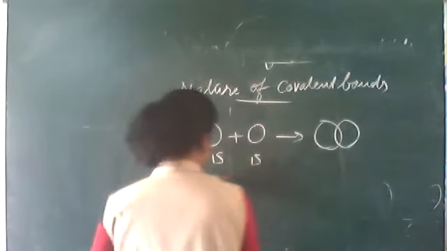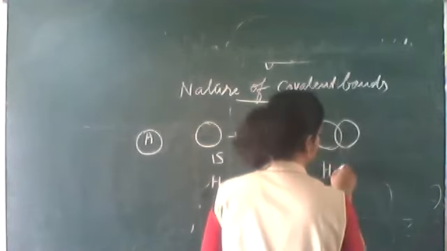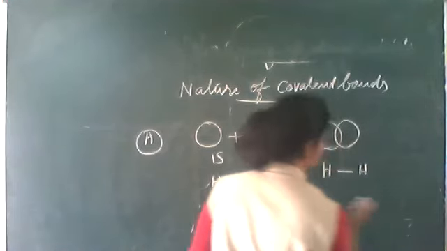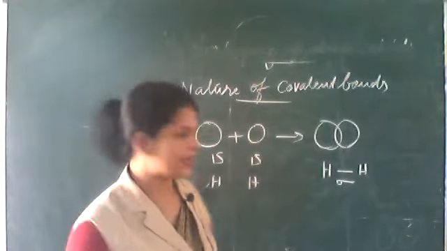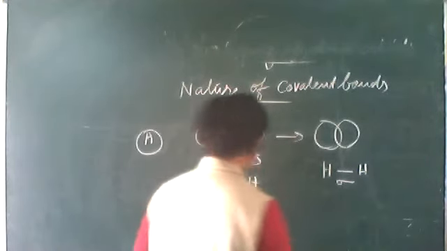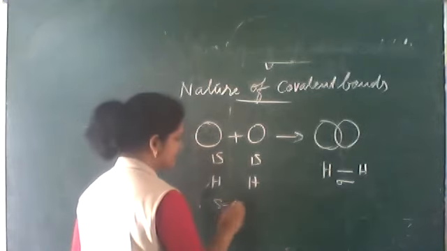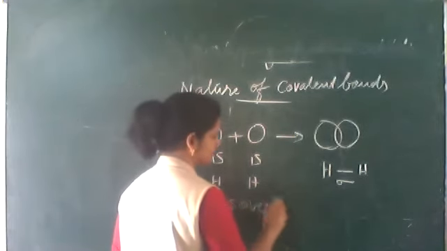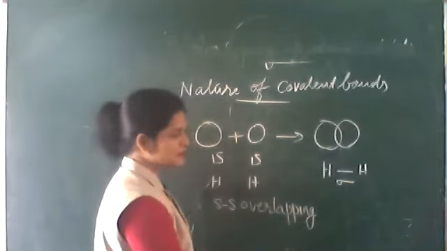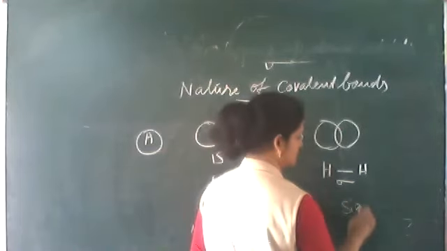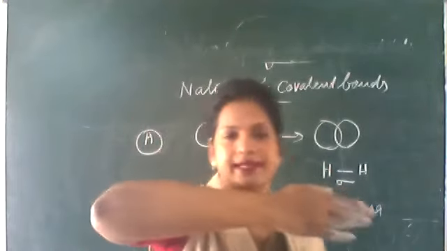So this is hydrogen, this is hydrogen, so we call it H bond H. This bond is called a sigma bond. A sigma bond is shown like this. We write it as s-s overlapping. A sigma bond is along the internuclear axis only, the z-axis.